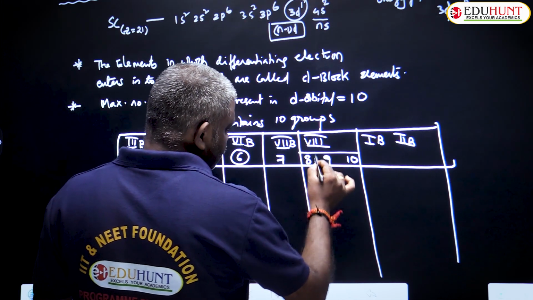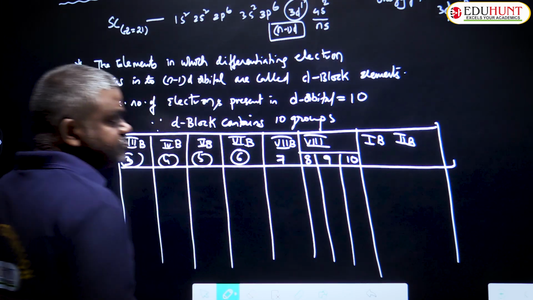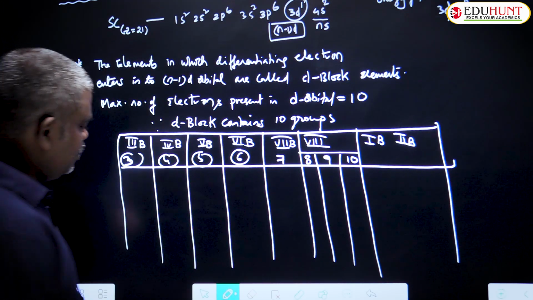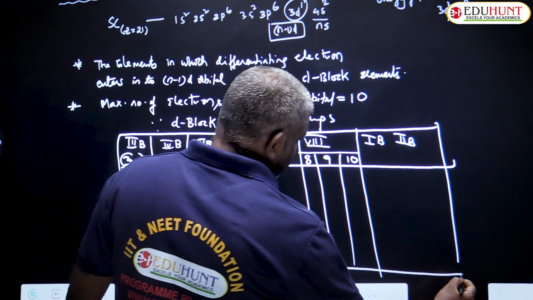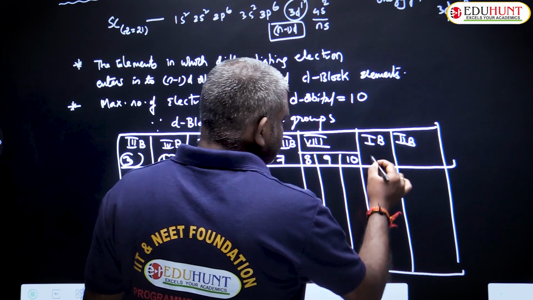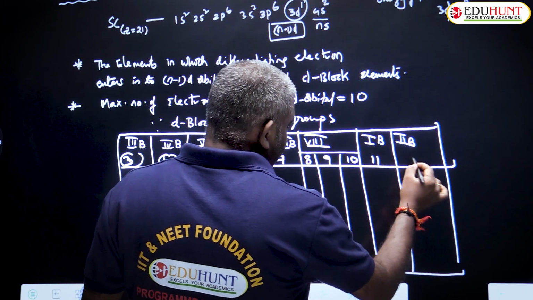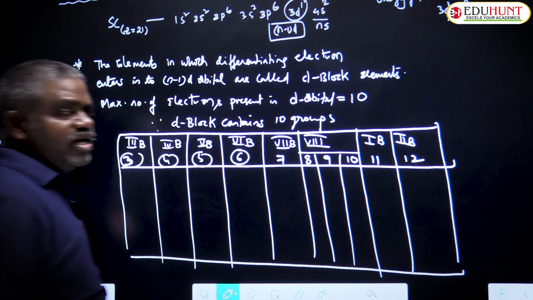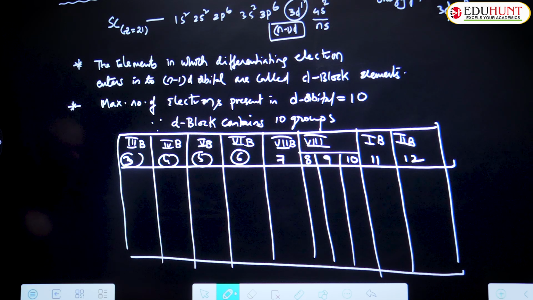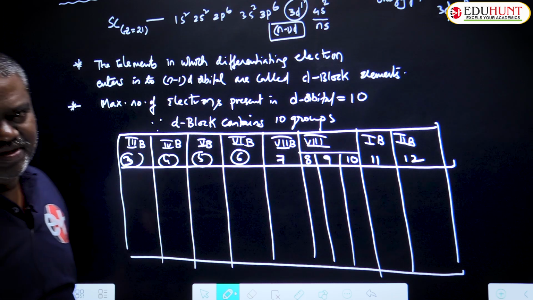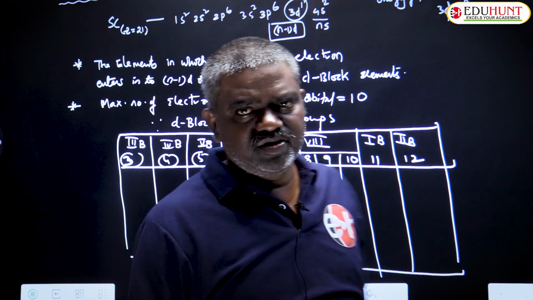So these are three subgroups, and 1B is the 11th and 2B the 12th group. So these are according to numbers. The total groups present in D block are 10 groups only, from 3 to 12.